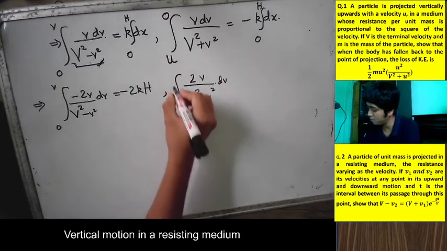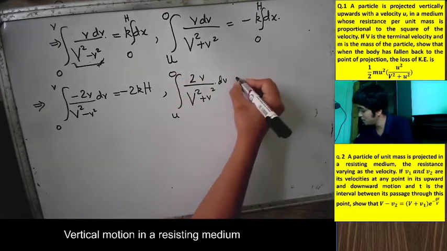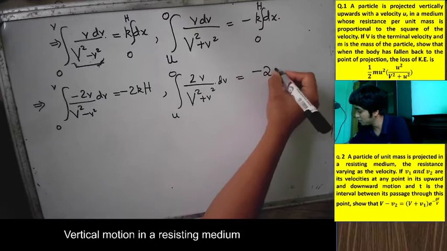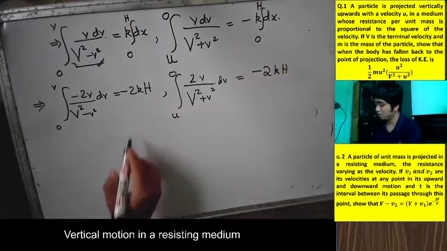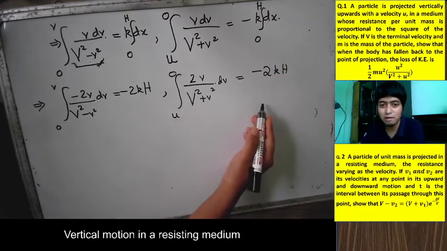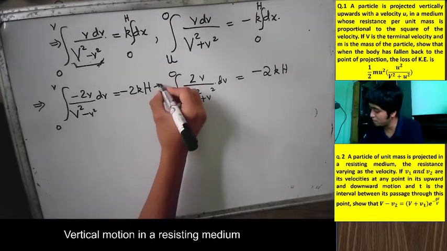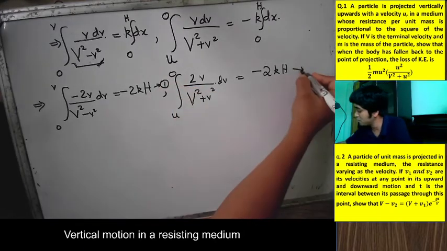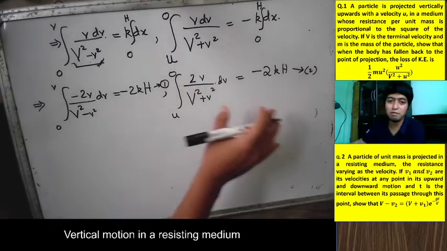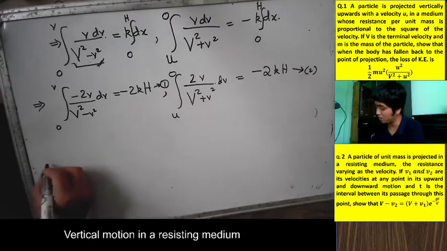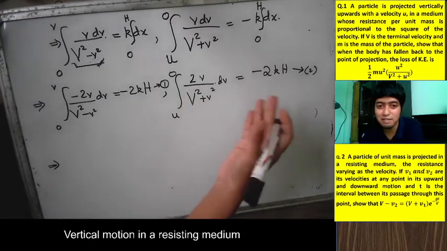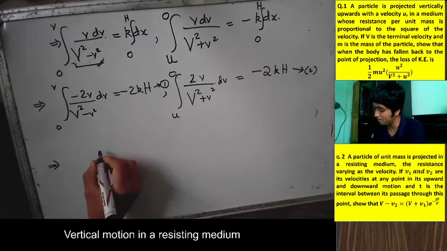Over here it is from u to 0, equal to -2kh. So this one and this one are equal. You can name this one equation 1 and this one equation 2. Both of them, as you can see, are equal. The right hand side is the same, so the left hand side will be the same.